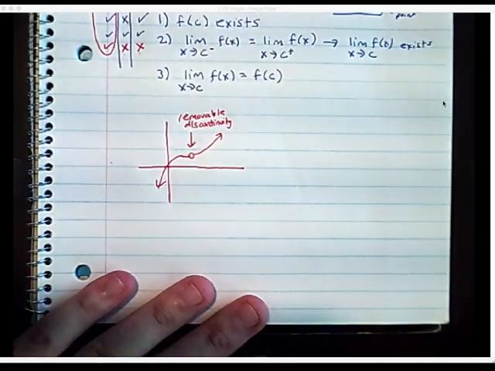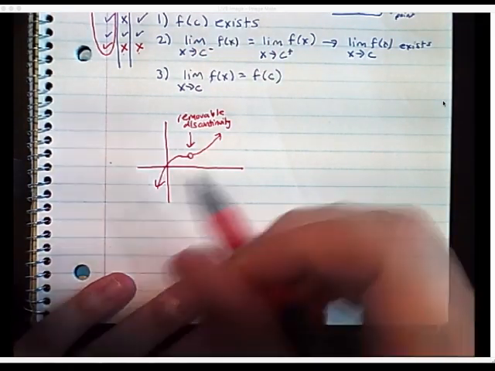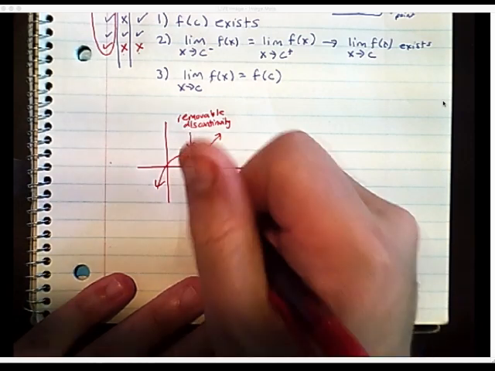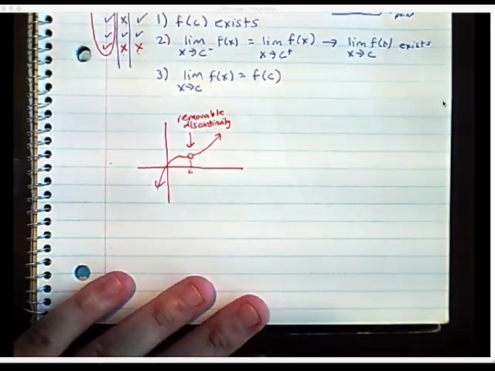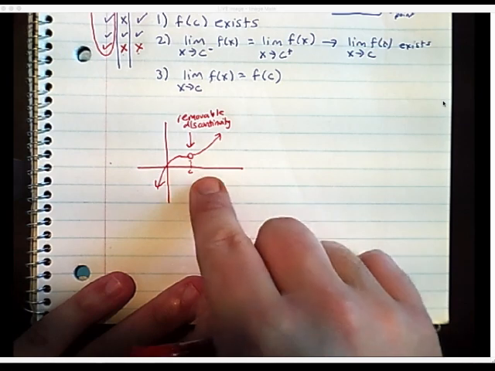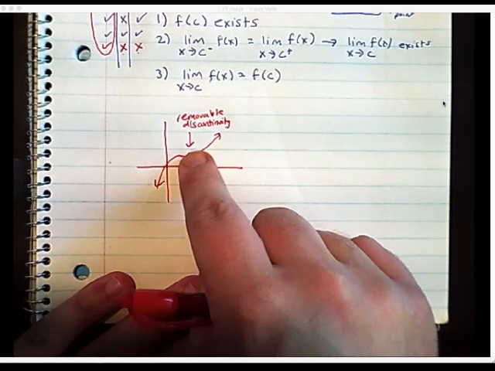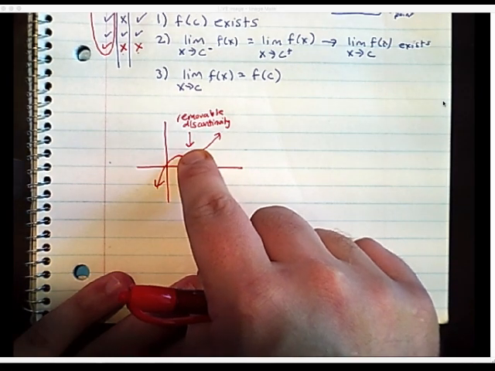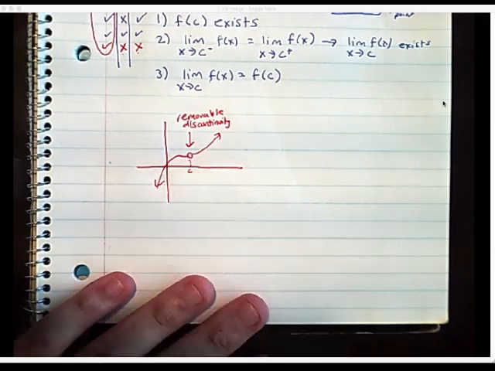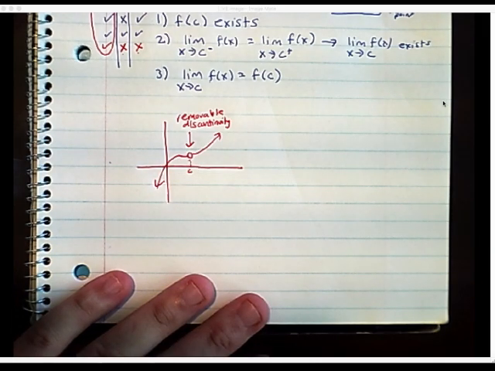It's called a removable discontinuity because if you exclude that value, or remove that value from the domain, it's continuous everywhere else.